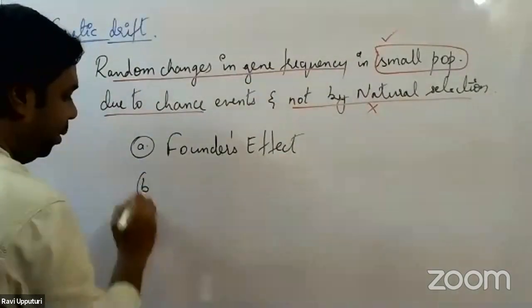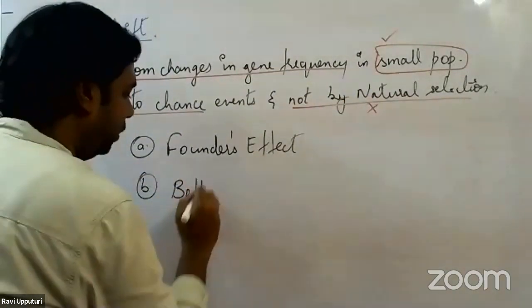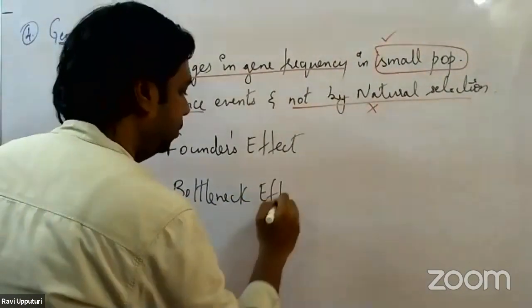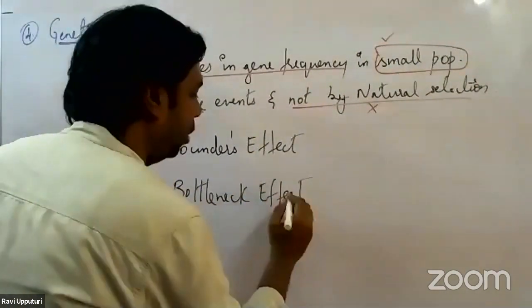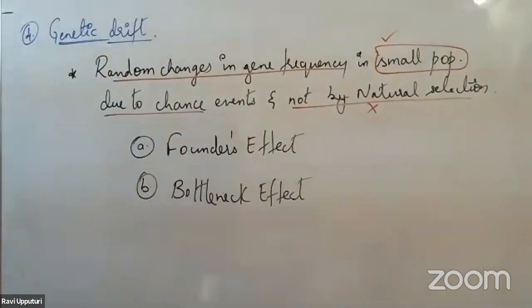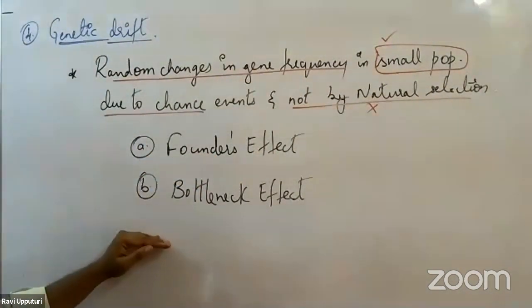And the second example is called the bottleneck effect. So these are the two important examples we'll be studying under genetic drift: the founder's effect as well as the bottleneck effect.